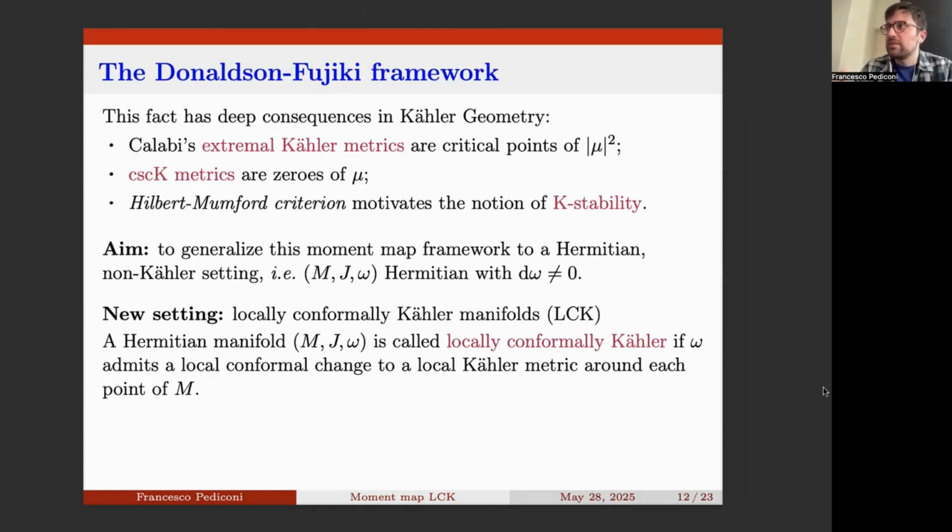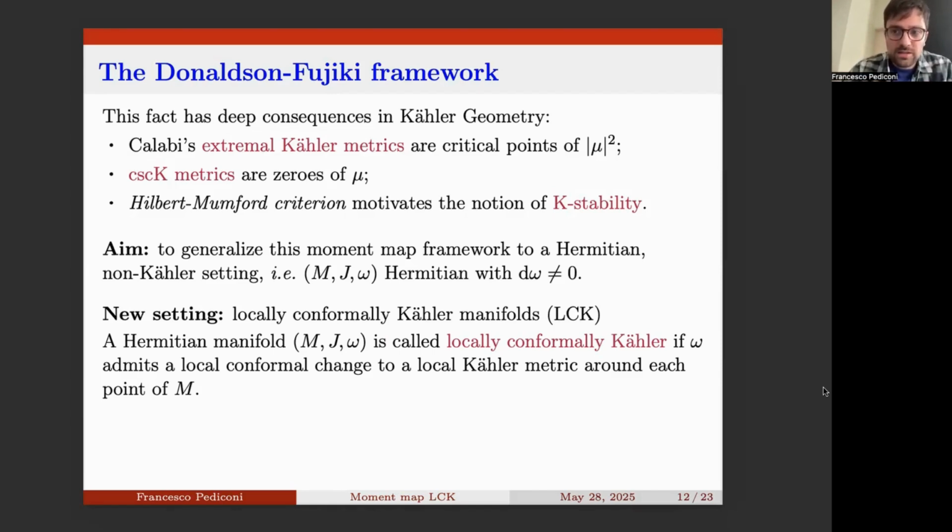But the first natural setting where you can ask whether you can get a moment map framework, as Donaldson and Fujiki did, is the framework of locally conformally Kähler manifolds, because in a sense this is the closest possible condition to being Kähler in the non-Kähler setting.